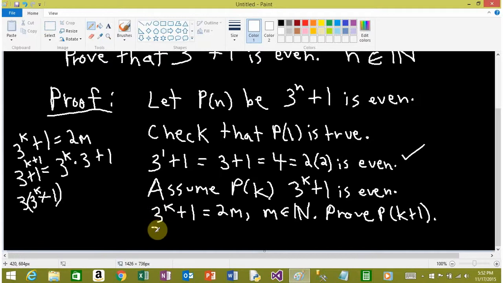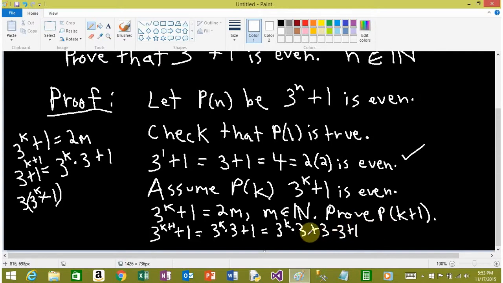We're going to get 3 to the k plus 1 plus 1 equals 3 to the k times 3 plus 1, and that's the same thing as 3 to the k times 3, and then we have plus 3 minus 3 plus 1.